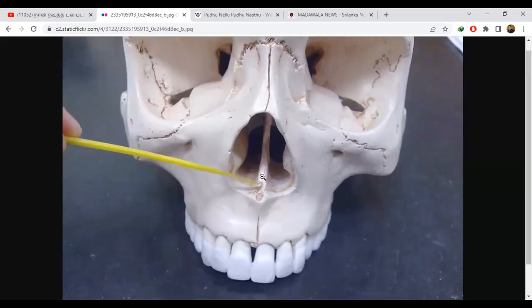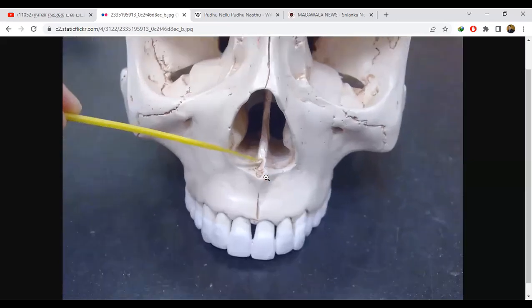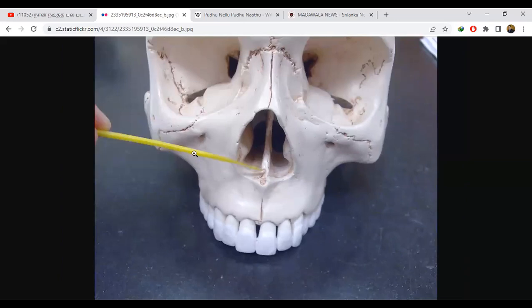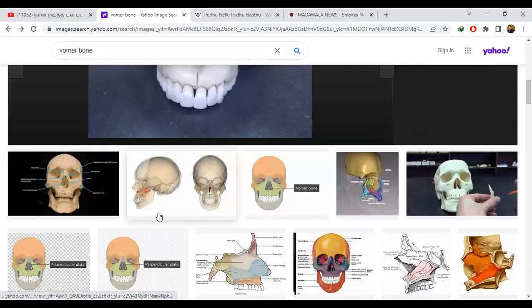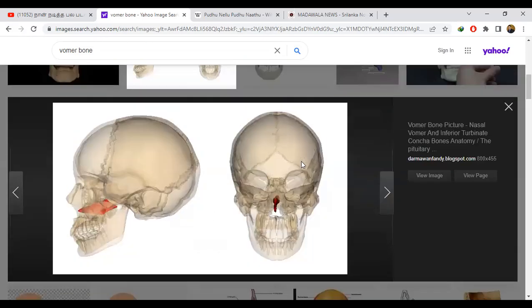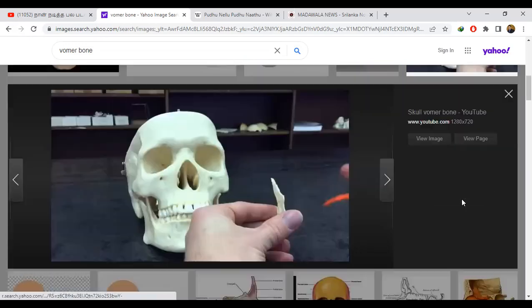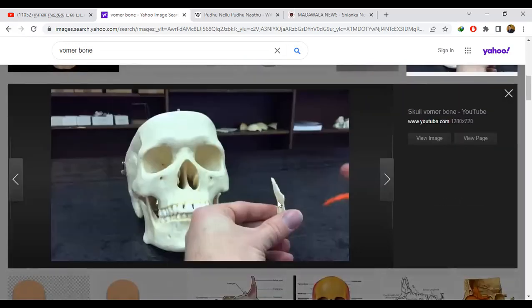It cannot be clearly noticed from outside. That depends on the skull. Some skulls you can't observe them very clearly, although it is shown in that one. Now see the book.